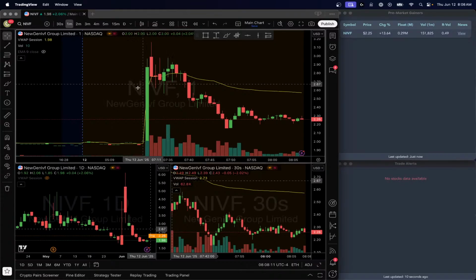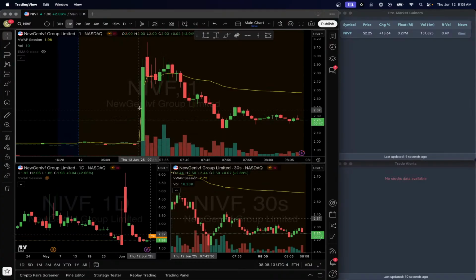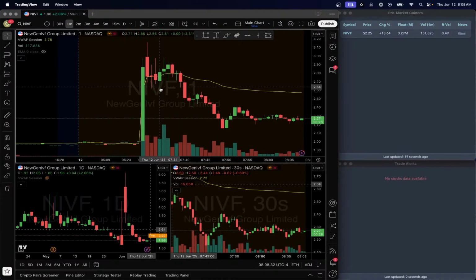The reason I didn't is because we had a really large green candle, and that's why it popped up and went up like 14%. But the volume is lower than this candle, so I just didn't. Now, if the red candles had really low volume while they were going down, then it might have worked. But I just didn't get into it because it kind of wicked down here, and I just really didn't like it.